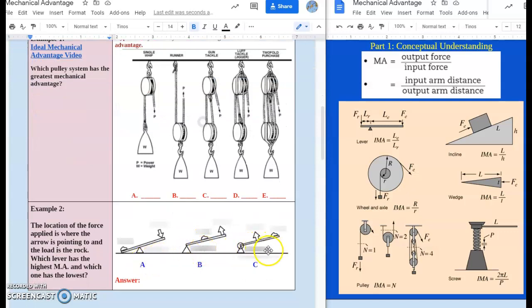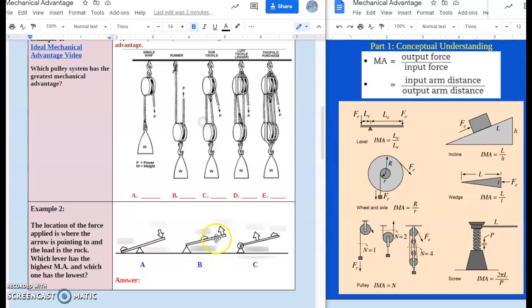Now here we have different types of lever. Here my input arm is this distance compared to my output arm. Usually the greater your input arm compared to your output arm, the more mechanical advantage you would have. This is the input, this is the output, and you can see that the input is slightly longer than the output, so this should be easier for you to push down. Here we have this input, which is a decent amount of distance, and the output is just that distance.